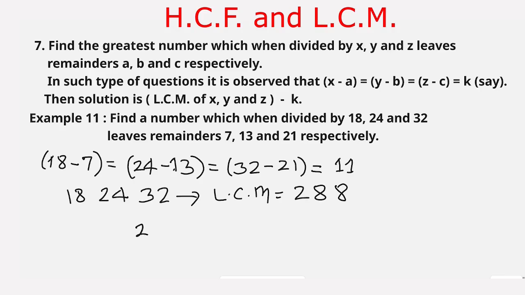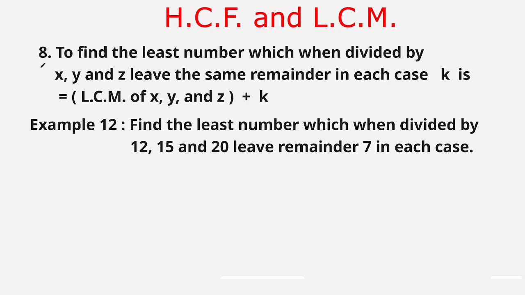Our answer will be 288 minus 11, as the value of k is 11. So our answer will be 277. This is our answer of the given question. I hope you have understood the method of solving such type of questions when it comes in competitive exams. Now we go to the next point.